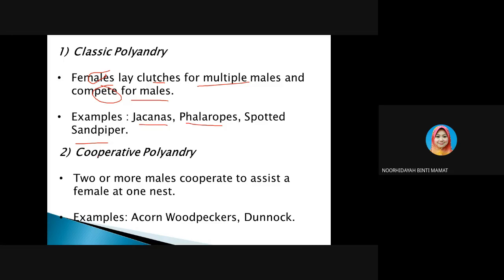The second is cooperative polyandry, where two or more males cooperate to assist a female at one nest. We also have the cooperative lek, where several males help in display behavior so the alpha male can mate with the female. Examples of cooperative polyandry are acorn woodpeckers and the dunnock. The female does not need to compete for the males, because the males cooperate with each other.